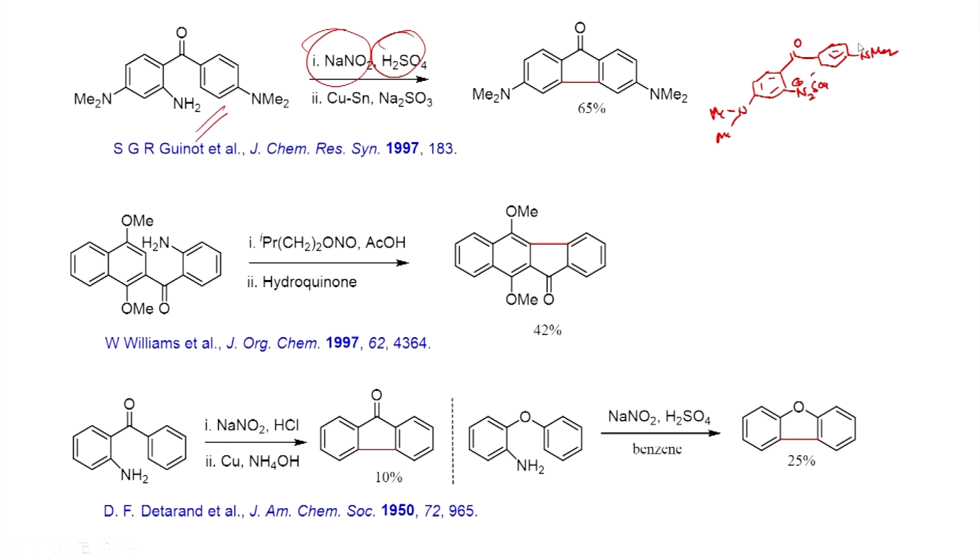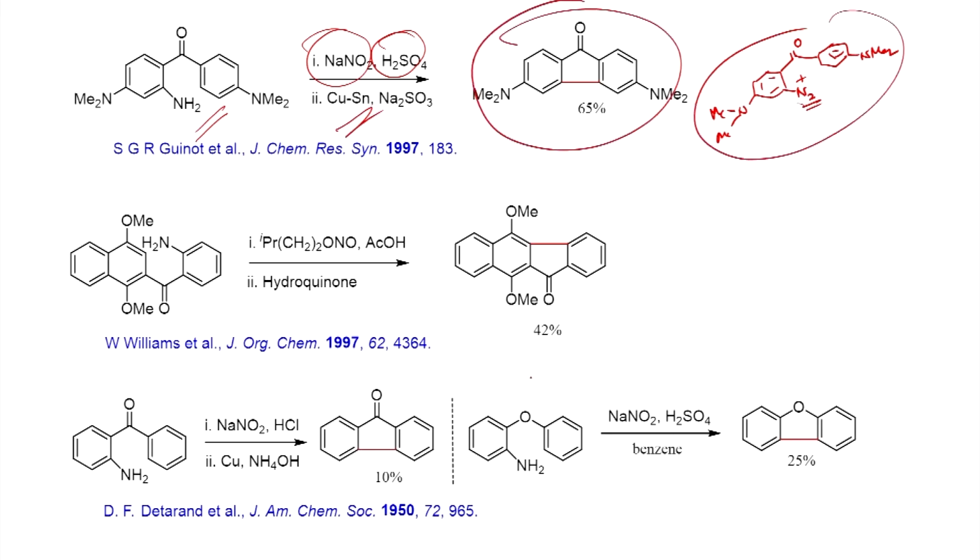So once you form the diazonium salt, as we have seen, since you have the copper, it can convert into the radical, it can undergo cyclization, and you will be able to get this cyclic compound.